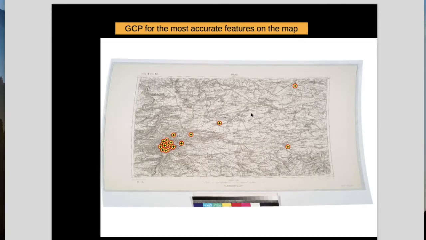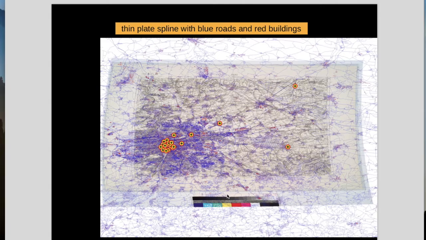Here's another example. Looking at a historic map of Prague from this Austrian-Hungarian military map from 1906. And this is the Prague region of Bohemia, and it's tight on Prague city over here where the cluster of points are, and then I've chosen a few more towards the boundaries of the map to try to improve the georeferencing. And this is thin plate spline with the blue roads, and I had red buildings.